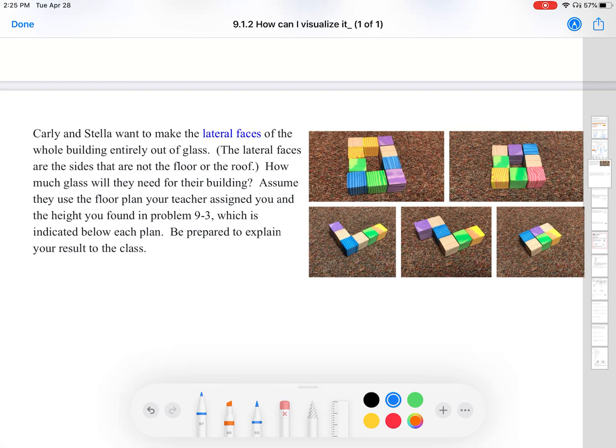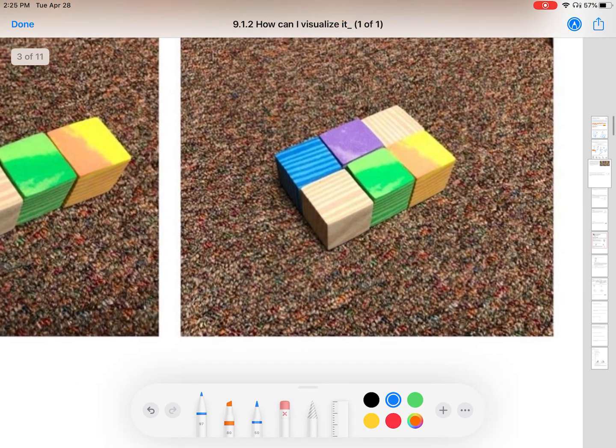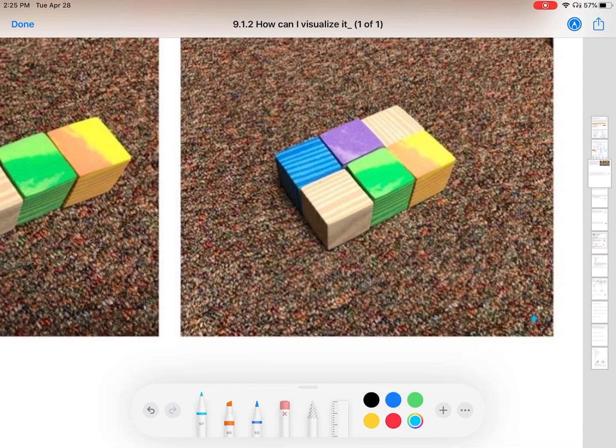So what I'm going to do is let me just zoom in and show you what we're talking about. Okay, you have to picture this three-dimensional shape sitting in front of you. And what would be a good color? Maybe something like this teal here. It might be easy for us to see. And right here, this face right here is one lateral face. Here's another one. There's another one. Here's another one. And we go all the way around the shape right here.